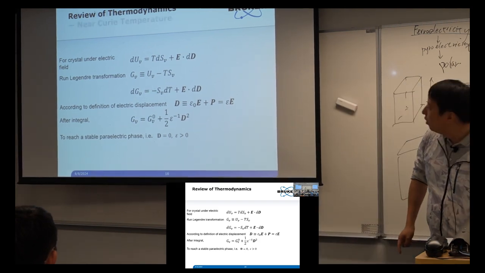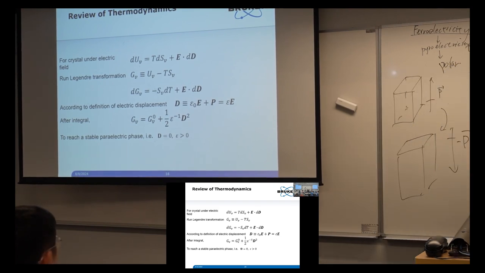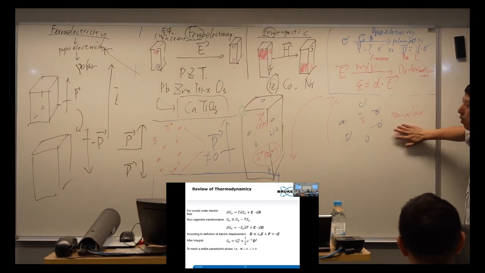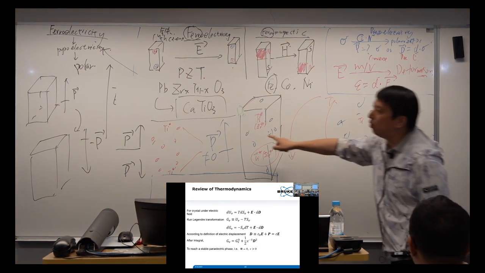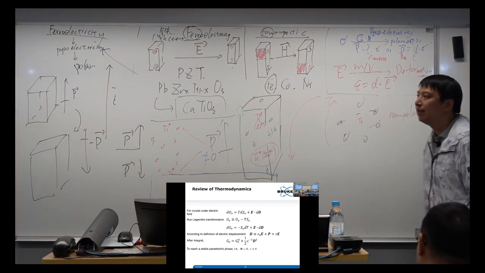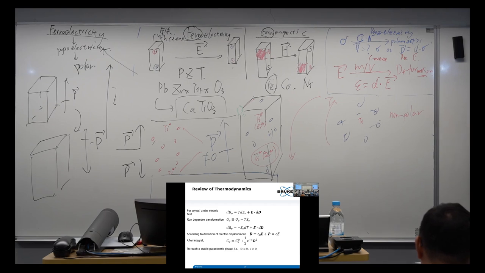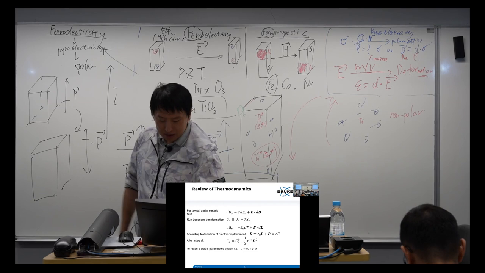Okay, and then for the Gibbs energy, as I said, this thing is transformed from this nonpolar phase, nonpolar state, to polar state by changing the temperature. And this temperature is quite famous. You all know it is the Curie temperature, right?